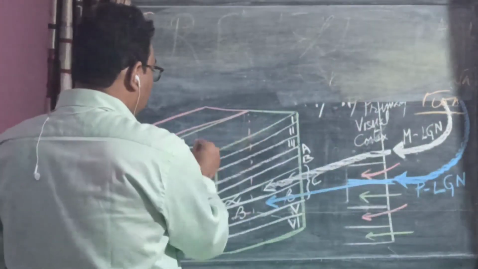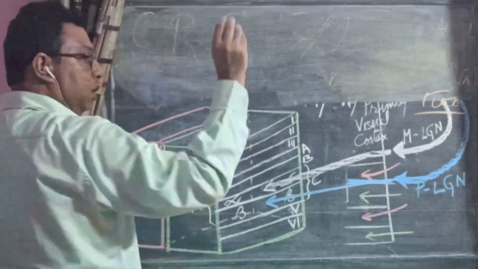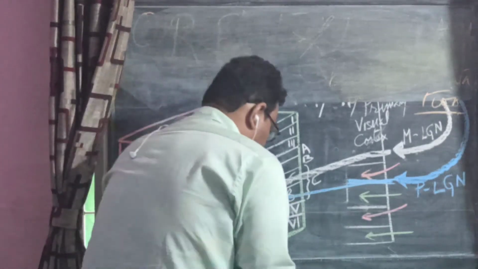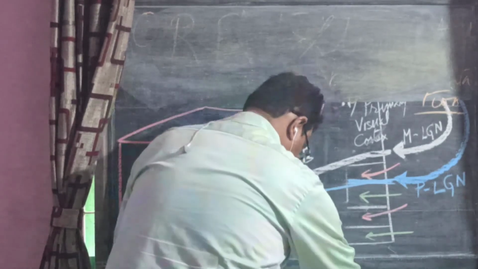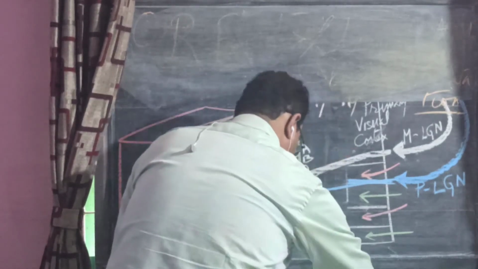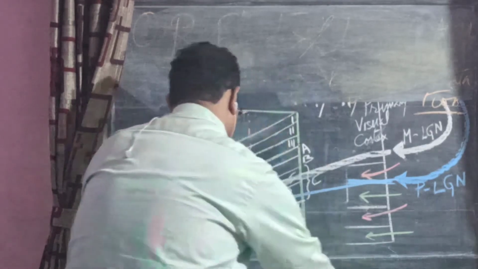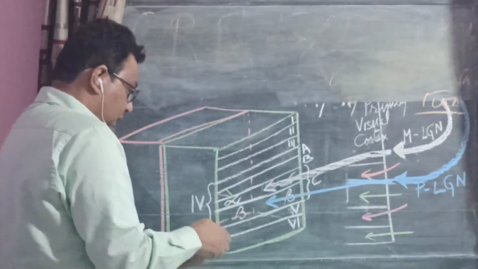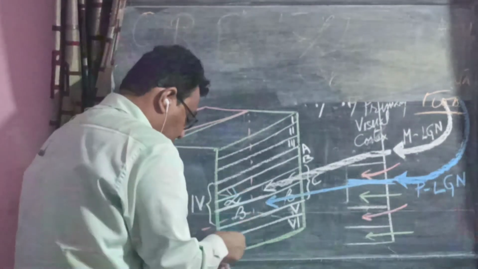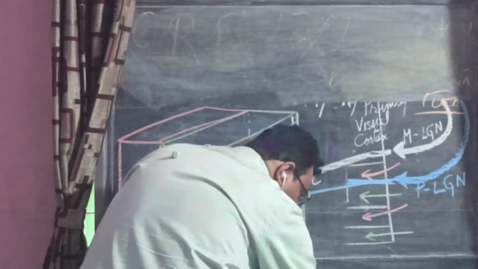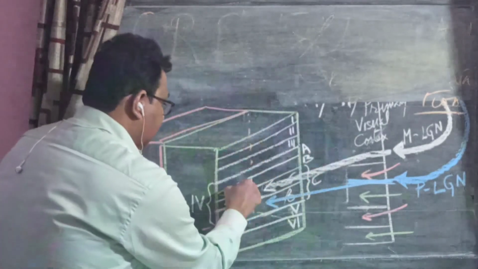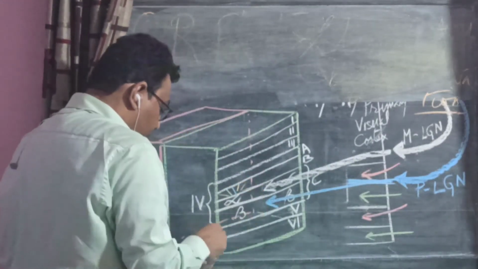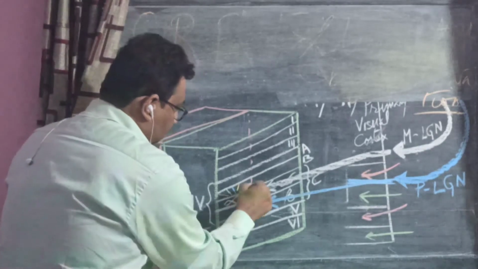These orientation columns are located like so. Some will be stimulated by an orientation like this, some by this, and some by this.